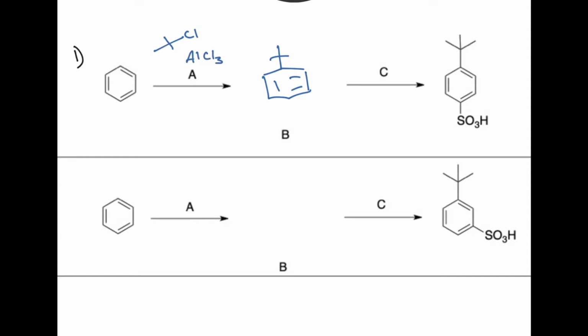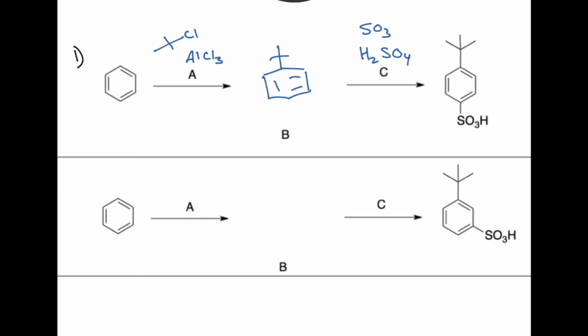So we can use AlCl3. How do I add the sulfonic acid? SO3, H2SO4.